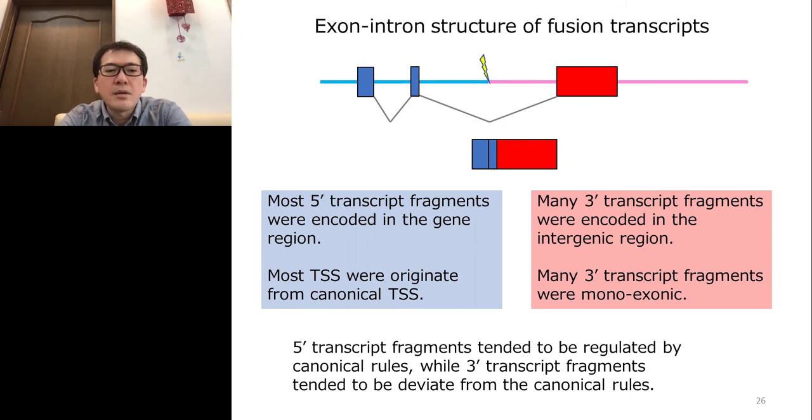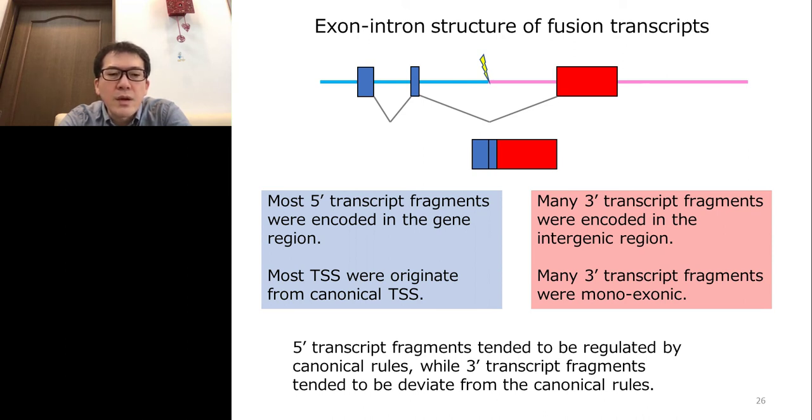By analyzing the genomic context where the detected transcripts were encoded, we found that most 5' transcript fragments were encoded in the genic region. In contrast, many 3' transcript fragments were encoded in the intergenic or non-genic region.